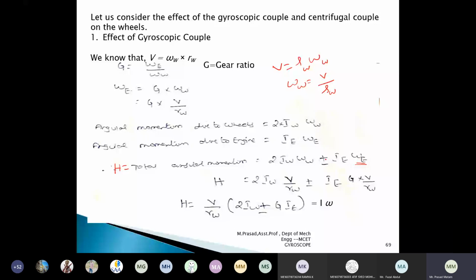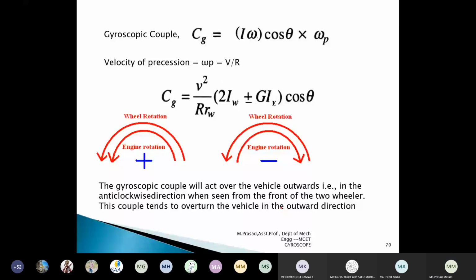Plus is when the engine and wheels rotate in the same direction. Minus we take when the engine is rotating in the opposite direction. So if you substitute everything, on simplification we get the angular momentum H equal to V by RW into (2IW plus or minus G into IE).